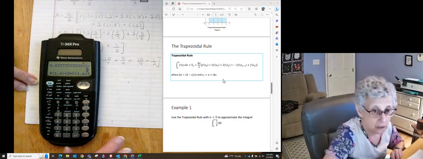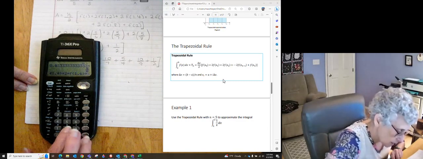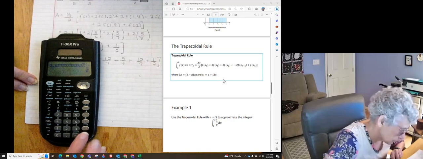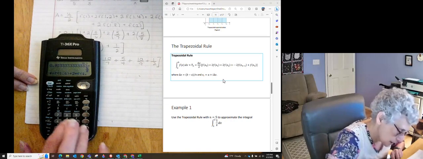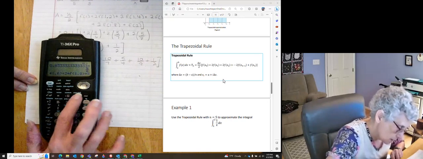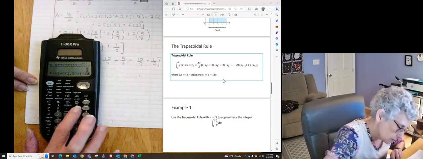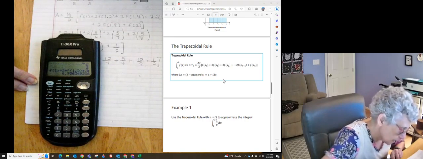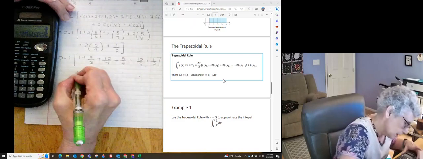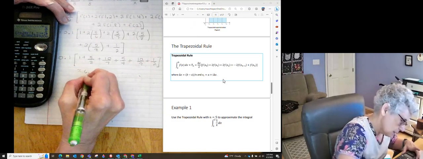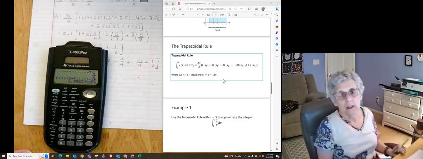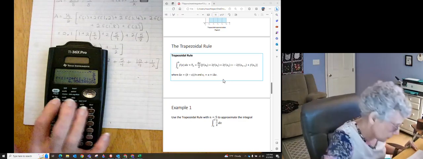You can see it's easy to get lost and make a mistake, plus 2 times f of 1.8 plus f of 2. And then it will do all of that adding for you. We get 6.96.